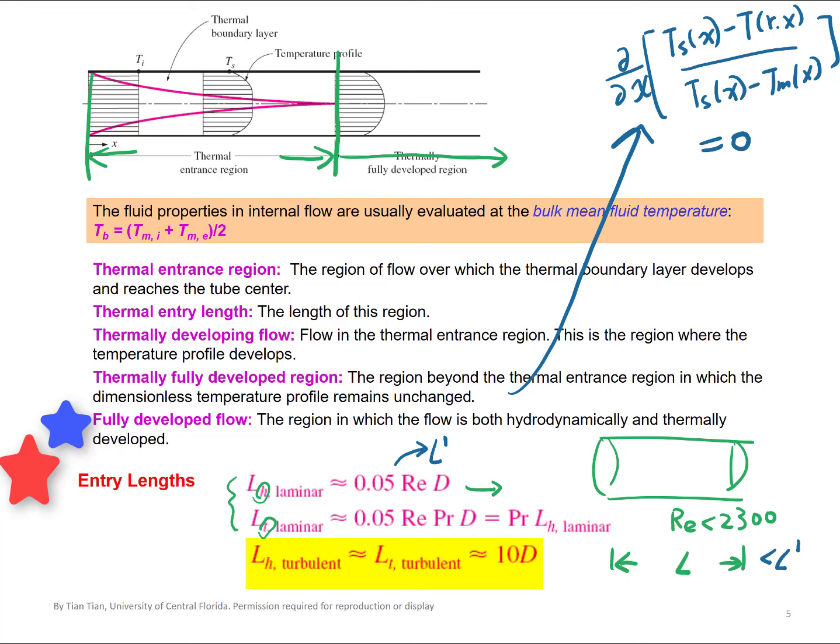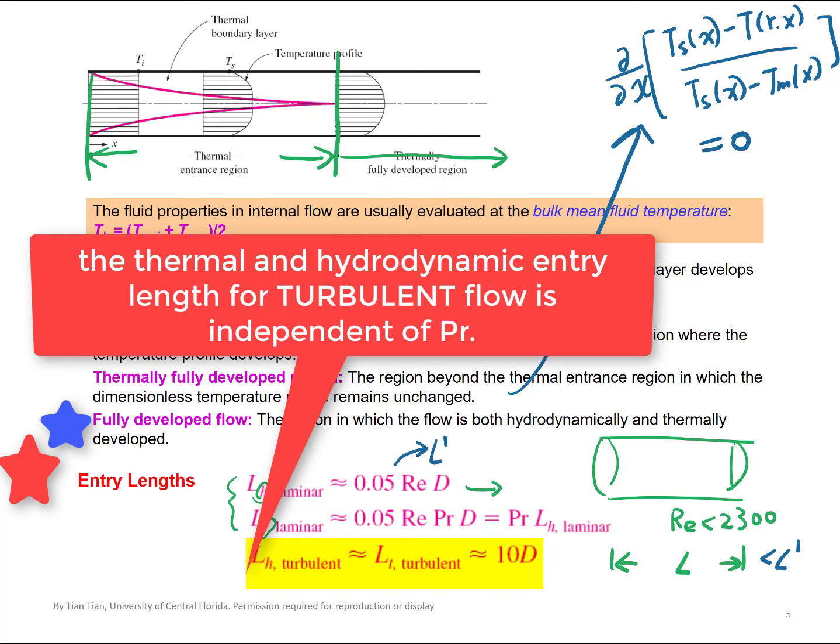We also see the hydrodynamic and thermal entry lengths are independent of Prandtl number. You know, Prandtl number is a fluid property. This is because in turbulent flow, the intense mixing from random fluctuations usually overshadows the effects of molecular diffusion. That is, the strong random fluctuations in turbulent flow are dominant.